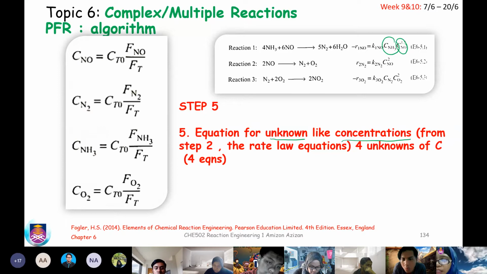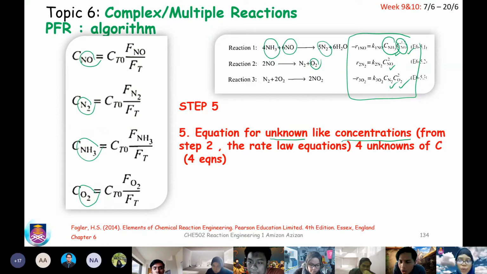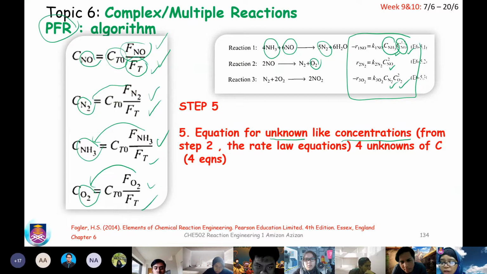These are the species: nitrogen oxide, nitrogen, ammonia, oxygen. We write the equations for the unknown C's because these appear in the rate laws: ammonia, nitrogen oxide, oxygen, and nitrogen. We only write the unknowns' equations from the rate laws, simply following the PFR concept: the molar flow rate of the species over the total molar flow rate, times the initial total concentration.